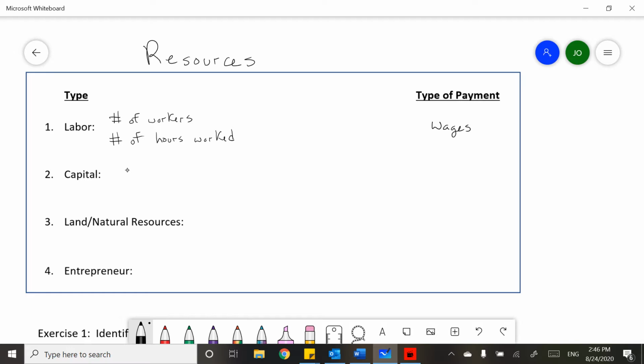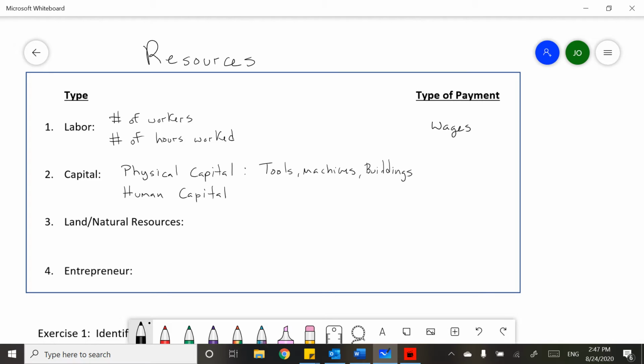So in terms of capital, we have physical capital and human capital. For physical capital, we have things such as tools, machines, buildings. All these things have already been built, but we can use them for producing something else.